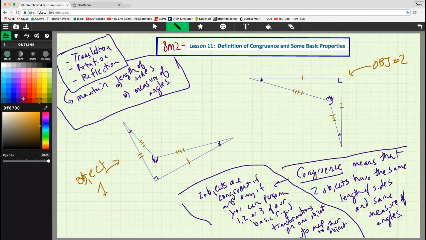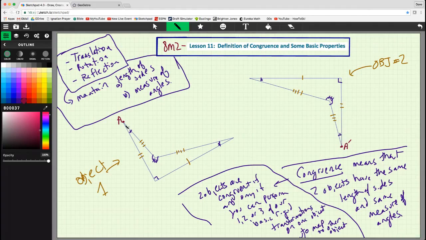Angle 1 here, that is off of this vertex, would map to this one. These vertices must map to each other if these objects are congruent, because this angle is the same.